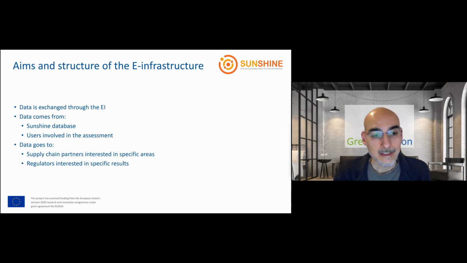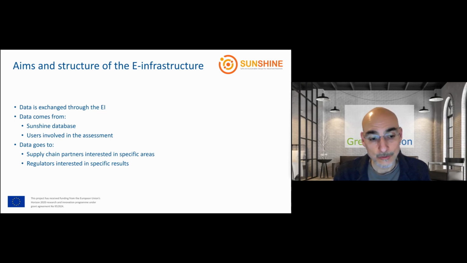So a lot of data comes from different sources. So we have two main sources of data, which is the Sunshine database, which is connected to Nanomapper and other databases, and the data directly coming from users involved in the assessment. So users can share their own data with other participants in the same product, for example.